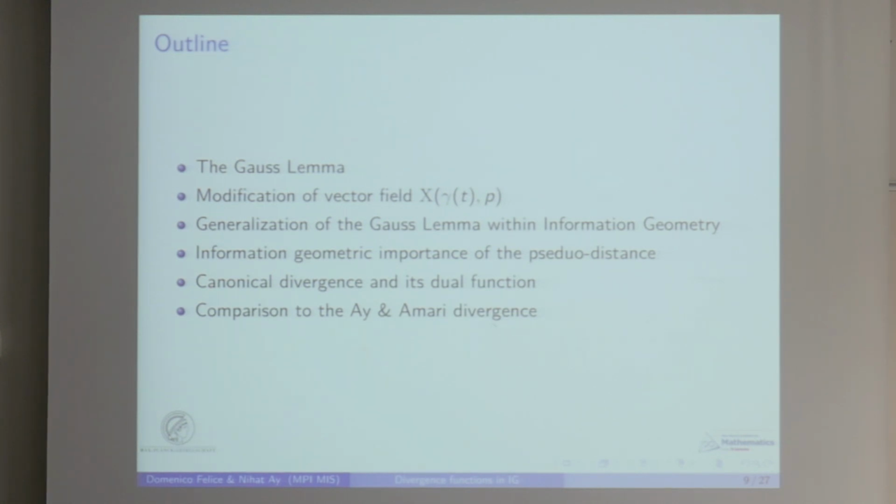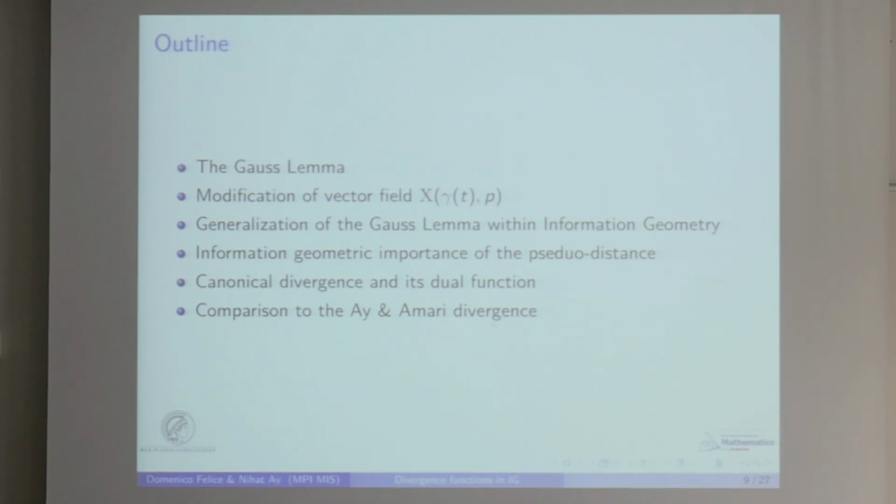So in this work, we present a new canonical divergence by trying to tie this divergence to the intrinsic geometry of a statistical manifold. Let us recall that the Gauss lemma in Riemannian geometry gives us the claim that the Levi-Civita geodesics are integral curves of the gradient of the Riemannian distance.